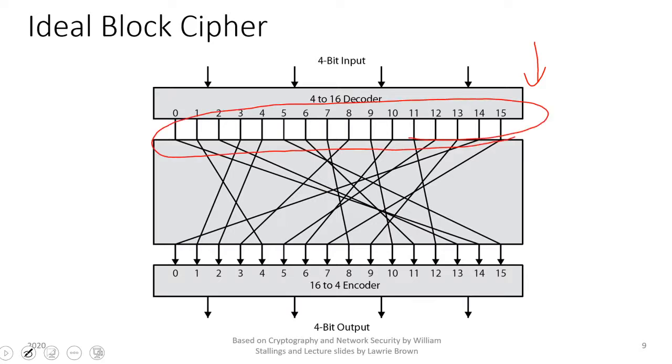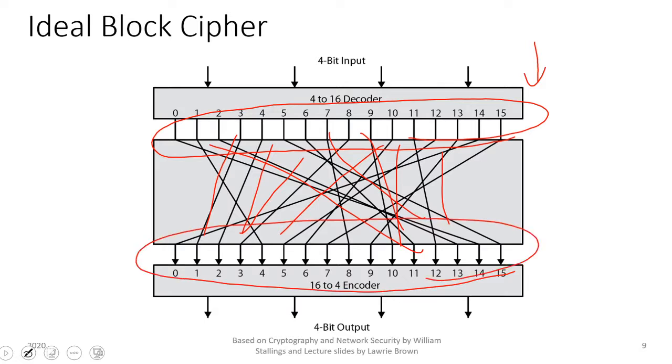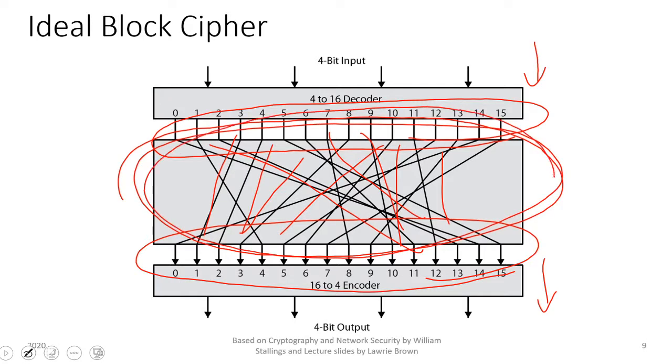That 16-bit value is the one that is going to be encrypted, where the confusion and substitution is going to work, and then that 16-bit value will again be turned into another 4-bit output. So that is the ideal block cipher structure that we would expect to have. So what we are trying to do is, the confusion or the substitution, the encryption part happens here.